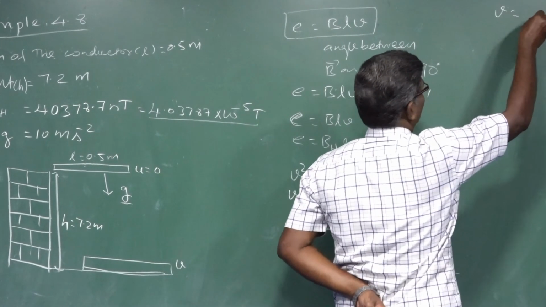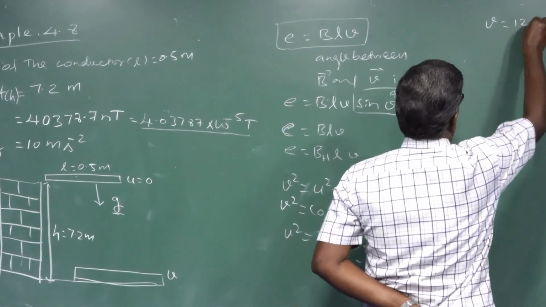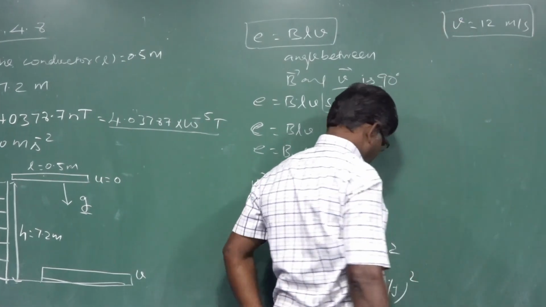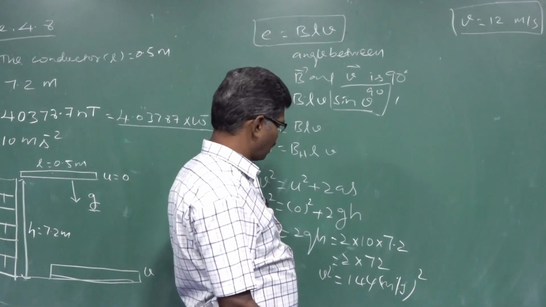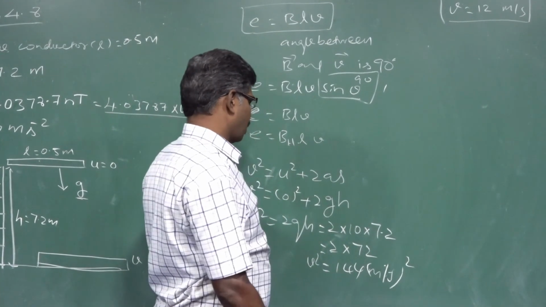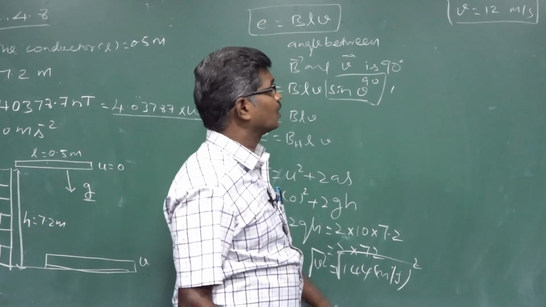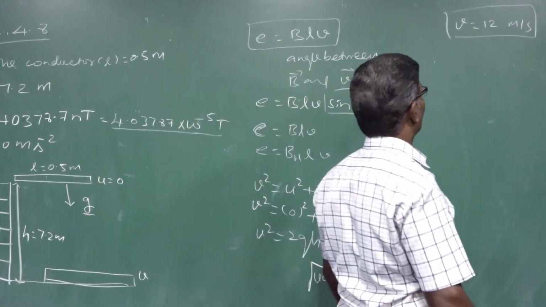The final velocity v is equal to 12 meter per second. If you multiply 12 into 12, we get 144. That's why we take the square root on both sides, and the final velocity is 12 meter per second.